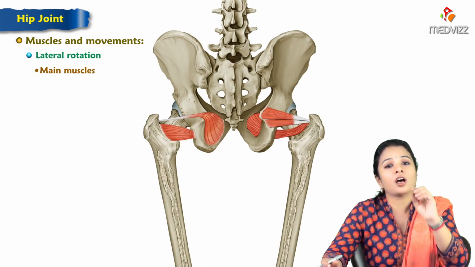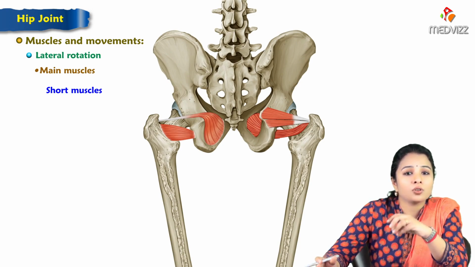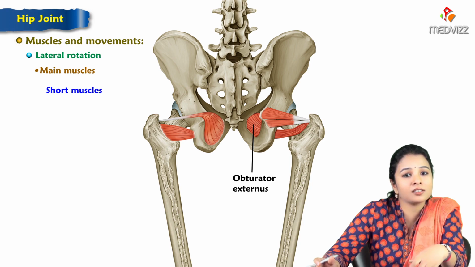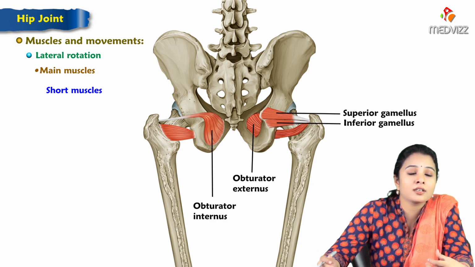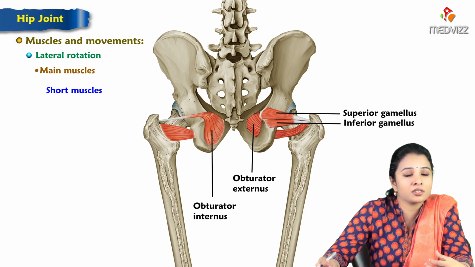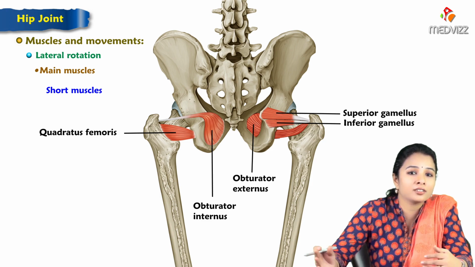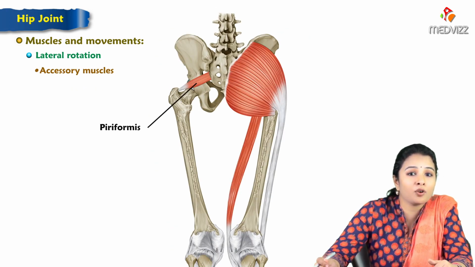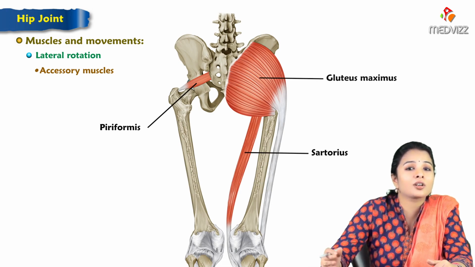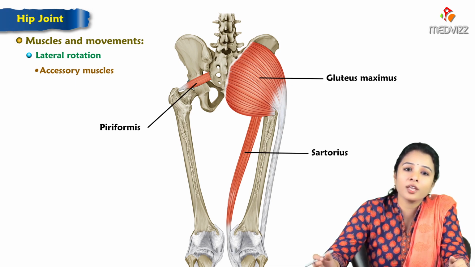Lateral rotators are the short muscles, called short lateral rotators altogether: obturator externus, obturator internus, the two gemelli, that is superior gemellus and inferior gemellus, and quadratus femoris. All these are short lateral rotators of the hip joint. Accessory muscles are piriformis, sartorius, and gluteus maximus, which also bring lateral rotation of the hip joint.